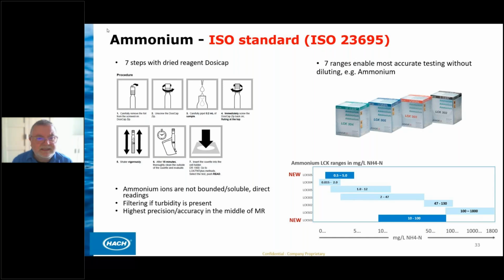LCK exists in 7 ranges, from 0.015 to 1,800 milligrams per liter. We have developed 2 recent ranges, 0.5 to 25 and 10 to 100 milligrams per liter, to ensure better overlap of the ranges and to allow to measure with maximum accuracy the samples around 2 and the samples around 50.